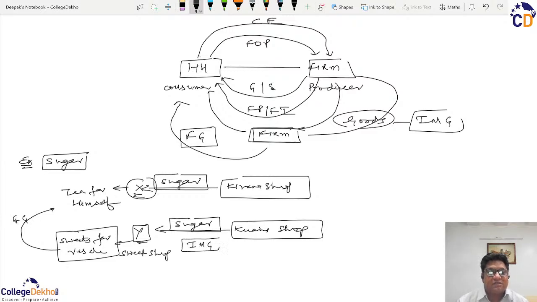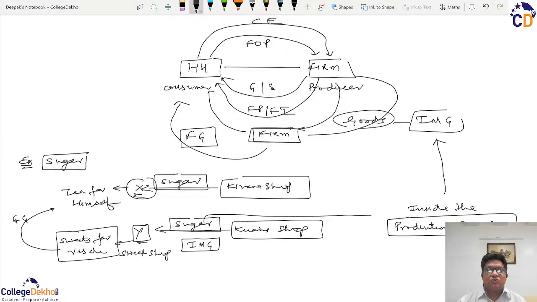Another way of explaining is that it is an intermediate good because it is remaining inside the production boundary, because it will be again used by the sweet shop owner to produce certain goods. So whenever there is a good inside the production boundary, then we use the word intermediate good.